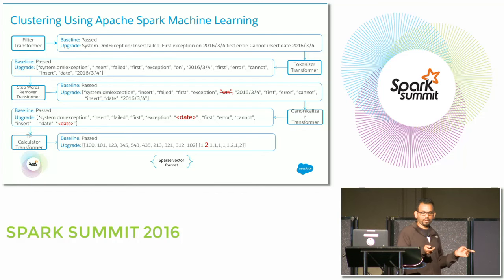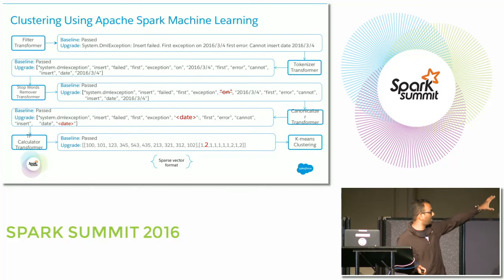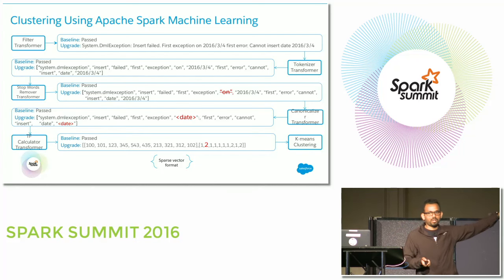Once we have the sparse vector, we have essentially taken an error message and reduced it into a numeric array. Just remember that for the sake of explanation, we are doing this for one particular error message. In reality, we are talking about hundreds of thousands or even millions of such error messages.